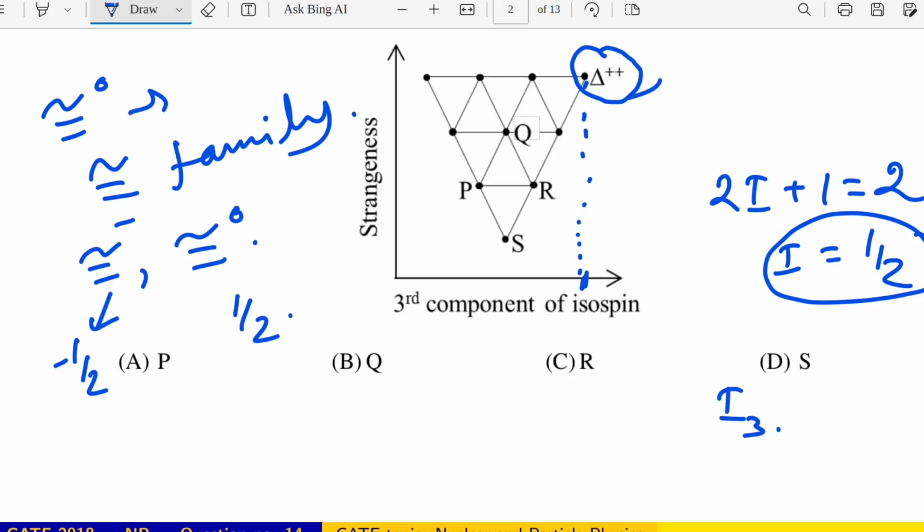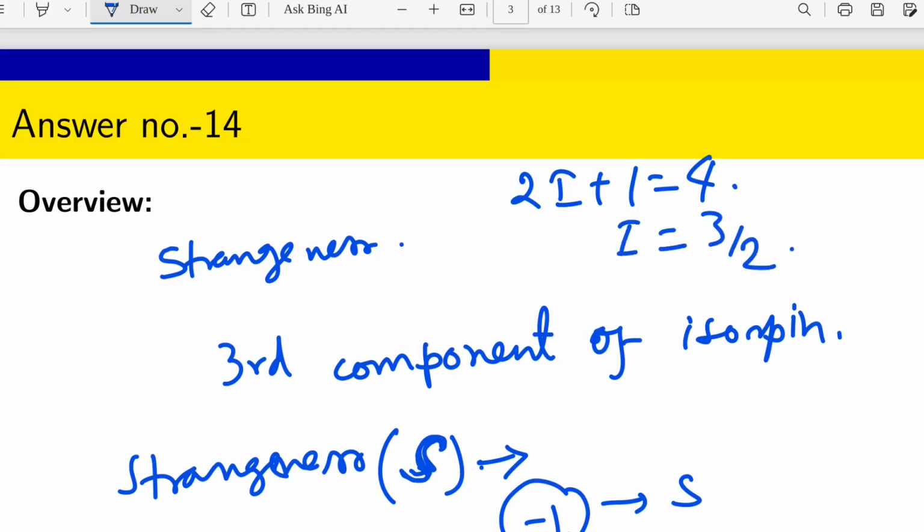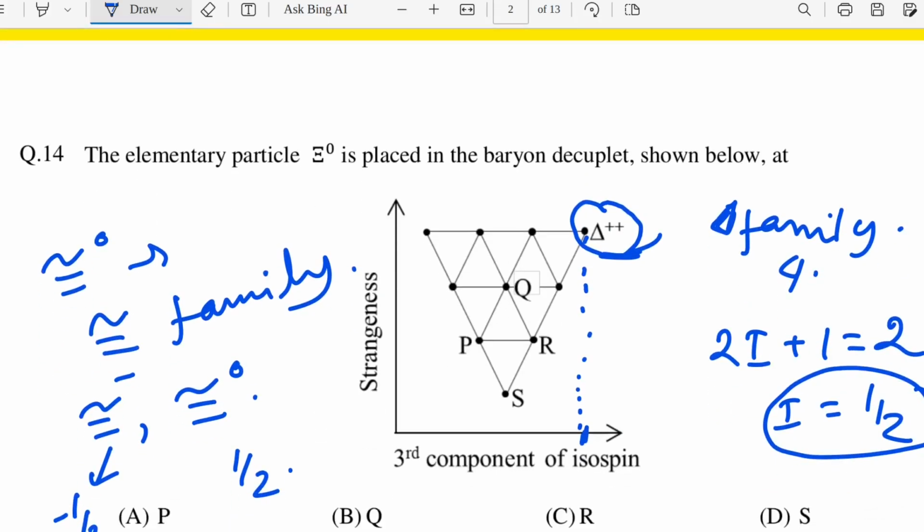In that particle, you can see that delta plus plus is a family member of the delta family. In that delta family, there are 4 members. So if there are 4 members, what will be the value of I in that case? 2I plus 1 will be 4, then I will be 3 by 2. So we can see that I is 3 by 2 for this delta plus plus particle family.